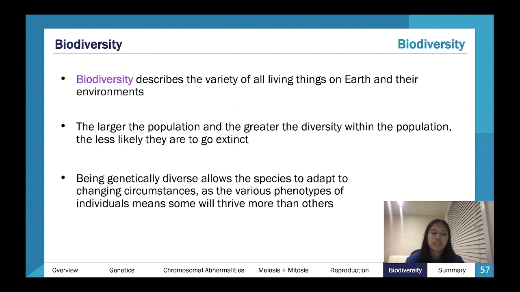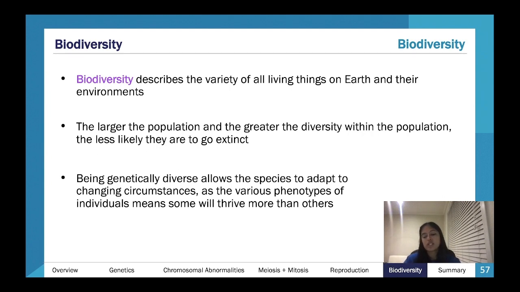And the last point, being genetically diverse allows a species to adapt to changing circumstances. So again, if you've got a disease and it's coming through, we'll talk about natural selection in a second, but this idea of survival of the fittest.